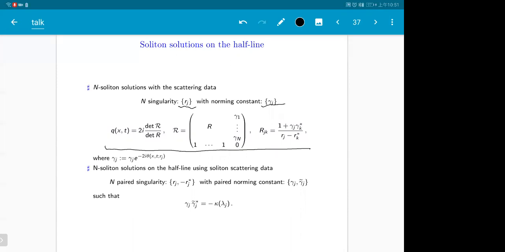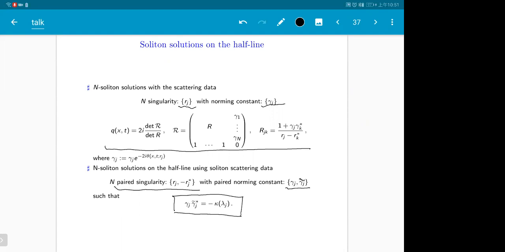So now for the half line solution, you actually have paired singularities, paired zeros of your scattering function A, and with paired norming constants gamma J and gamma J tilde, and the gamma J and gamma J tilde satisfy these extra relations which characterize this boundary condition.